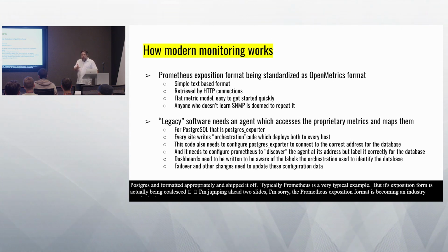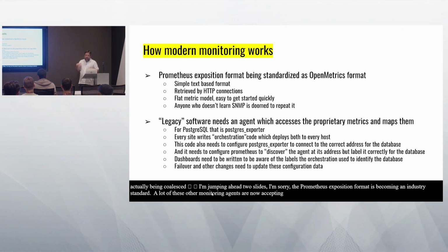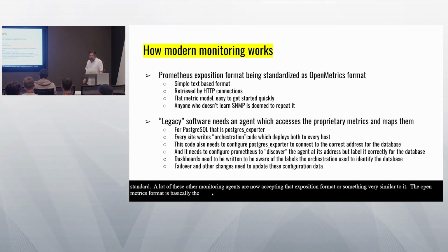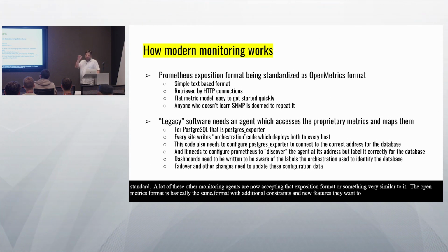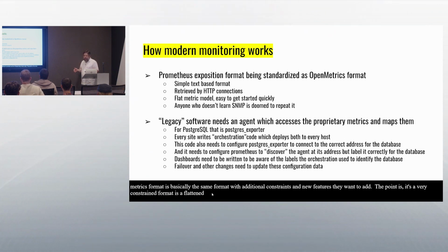The OpenMetrics format is basically the same format with additional constraints and some new features that they want to add. The point is, it's a very constrained format. It's a flat model that lists all your metrics in a very straightforward format. It's not a relational model like with Postgres tables, and it doesn't have room for other kinds of monitoring data. This is purely the quantitative metrics that this is catering for.